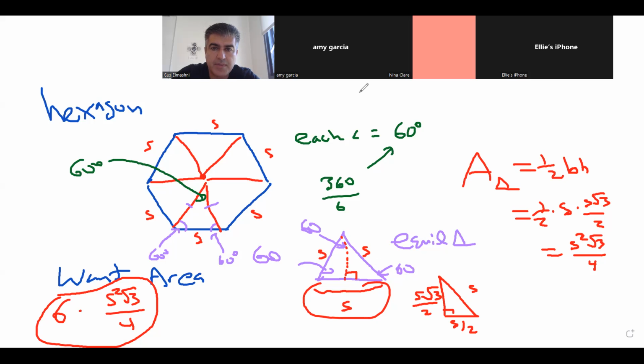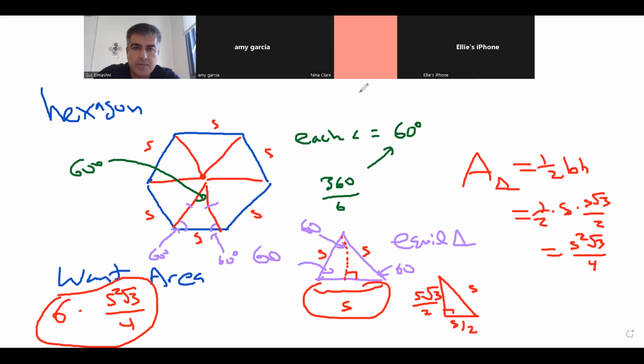And the formula is this. The area of any polygon with n sides will be this.